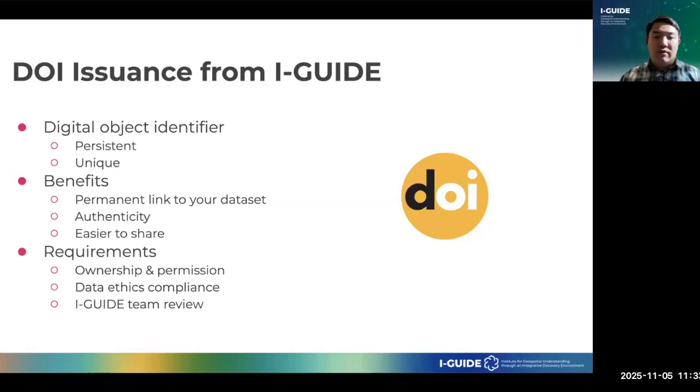It also provides authenticity, because the iGuide platform will have a team review your dataset and make sure it is high quality and not in a draft state. So it provides more authenticity to your audience.